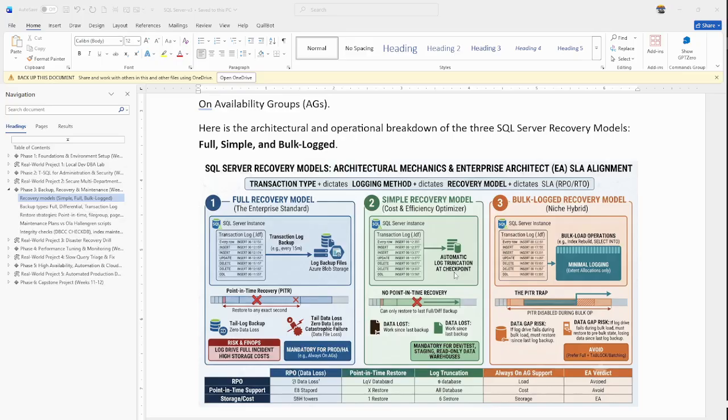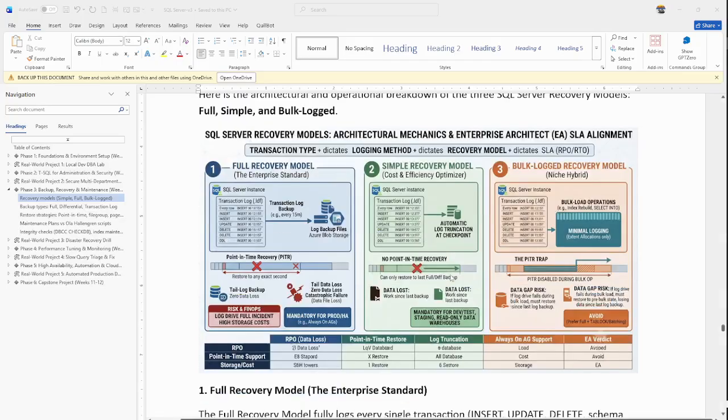It will delete the transaction log whenever there is a checkpoint, when the dirty pages are written from memory to the data disk, so that logs will be cleared. And you will not have log backups. You cannot take transaction log backups in this mechanism.